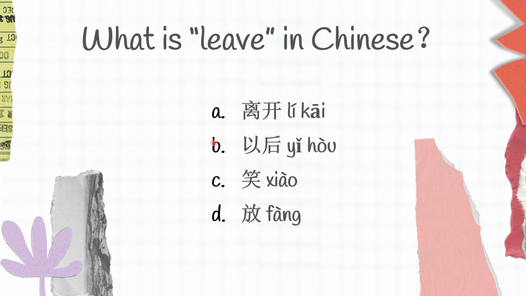The next one, what is leave in Chinese? We have A. 离开, B. 以后, C. 笑, and D. 放. So I will give you time to think.